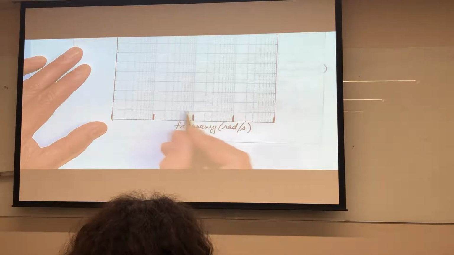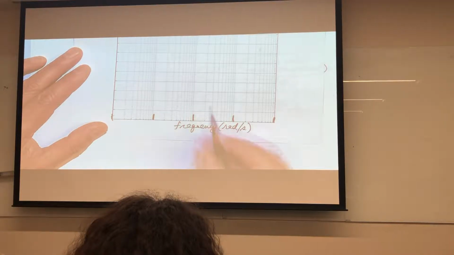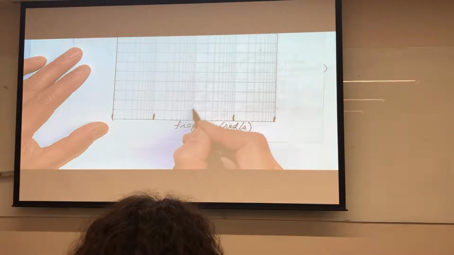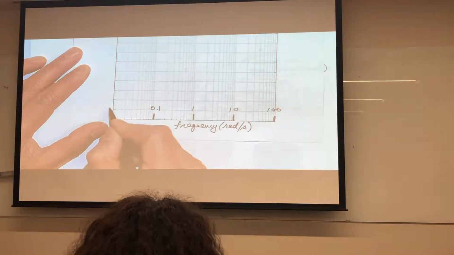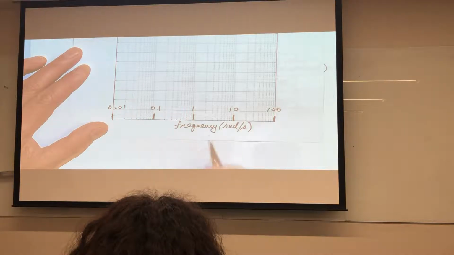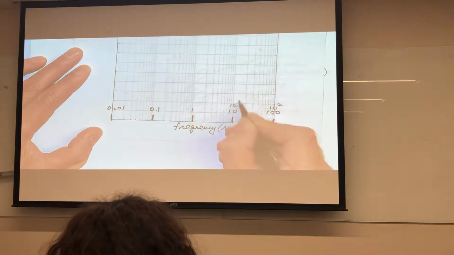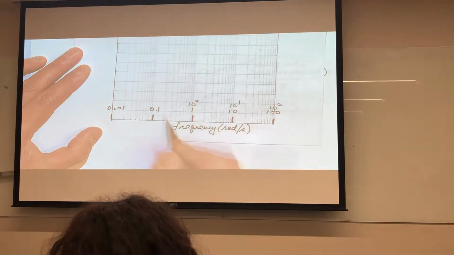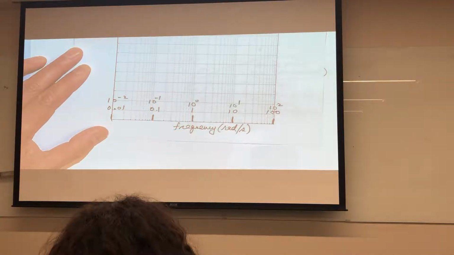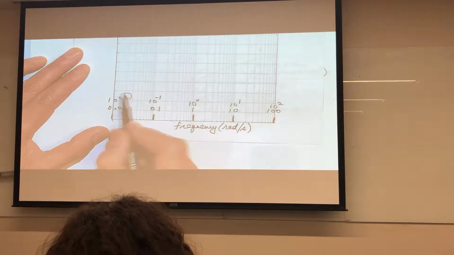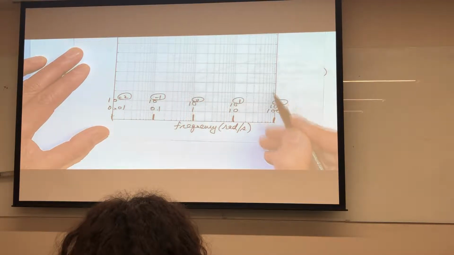Anything in between here is a fractional exponent. Okay, so if you want to label, you could call this one 1, 10, 100, 0.1, 0.01. Okay? The understanding is that this is 10 to the 2, 10 to the 1, 10 to the 0, 10 to the minus 1, 10 to the minus 2. Okay? These exponents are what go on the major divisions right here on these lines.